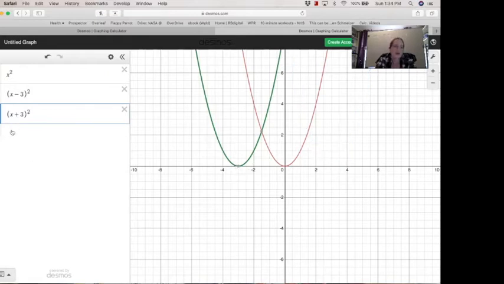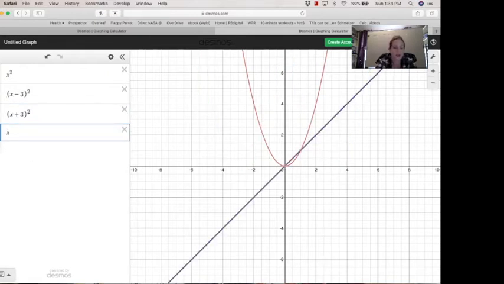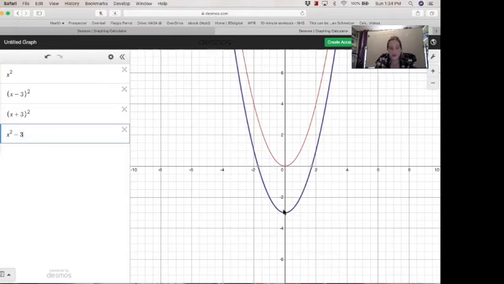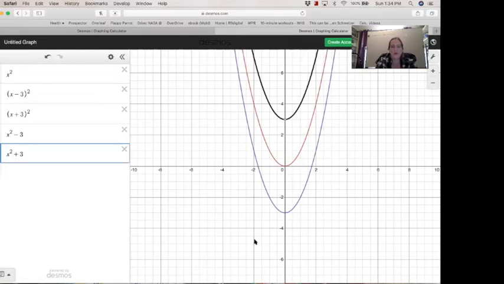By contrast, if I do x² - 3, that moves my function 3 units down, and x² + 3 moves my function 3 units up. So horizontal and vertical shifts depend on adding and subtracting. If it's a horizontal shift, I'm adding or subtracting inside with my variable x. If it's a vertical change, I'm adding or subtracting outside.